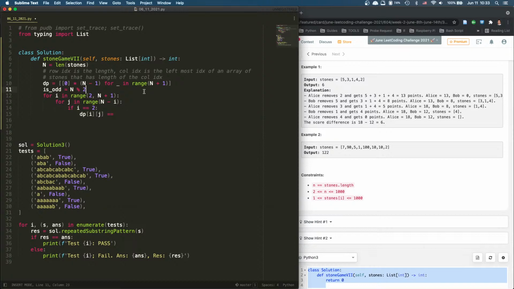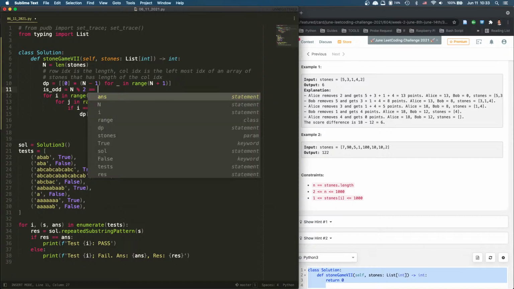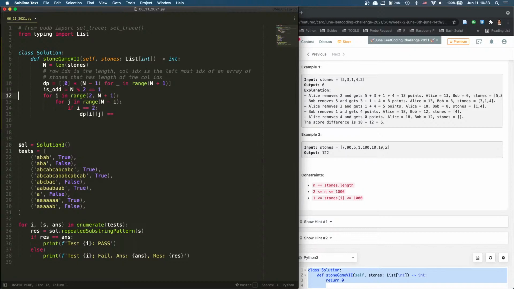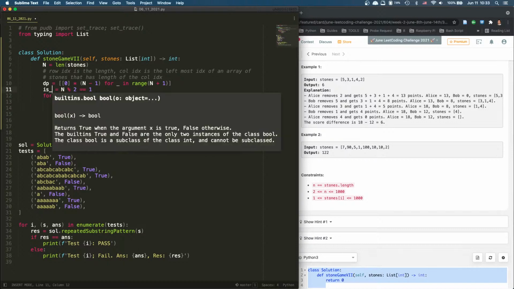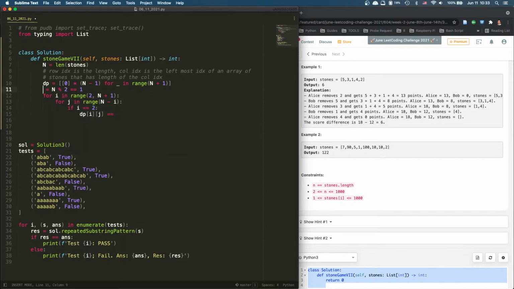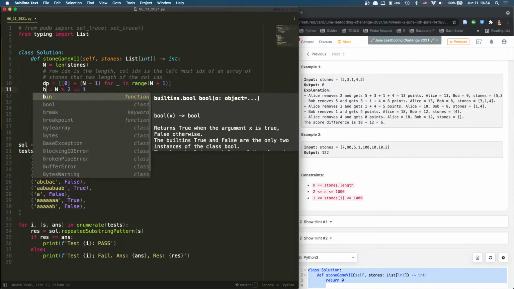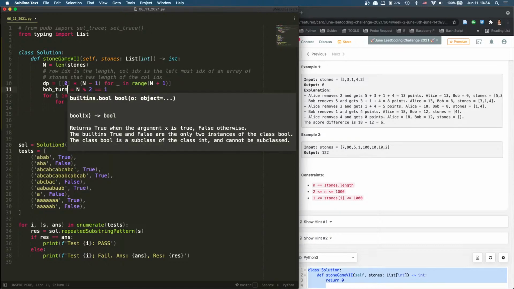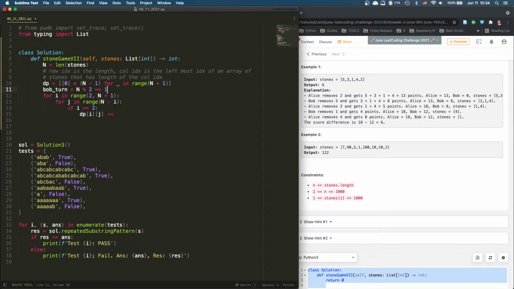Let's get true or false, right? Let's say equals 1, so is odd is going to be true. Is odd, it will be Bob's turn, right? Bob's turn.